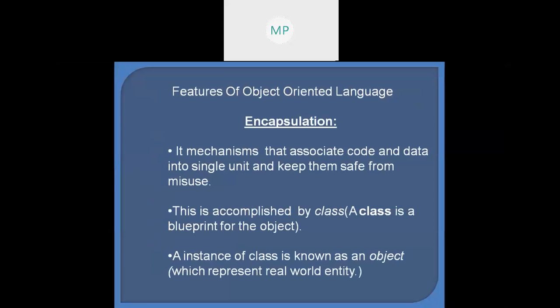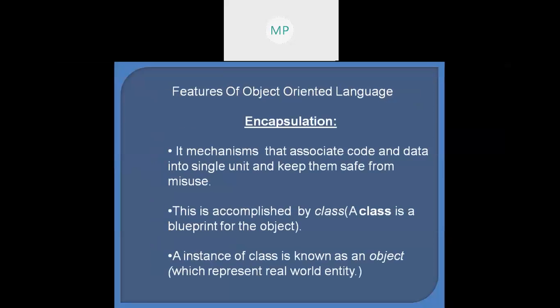So encapsulation is a mechanism that combines data and similar code into a single unit, and keeps them safe from misuse or unauthorized access. We can achieve this with the help of a class, in which we combine similar data.